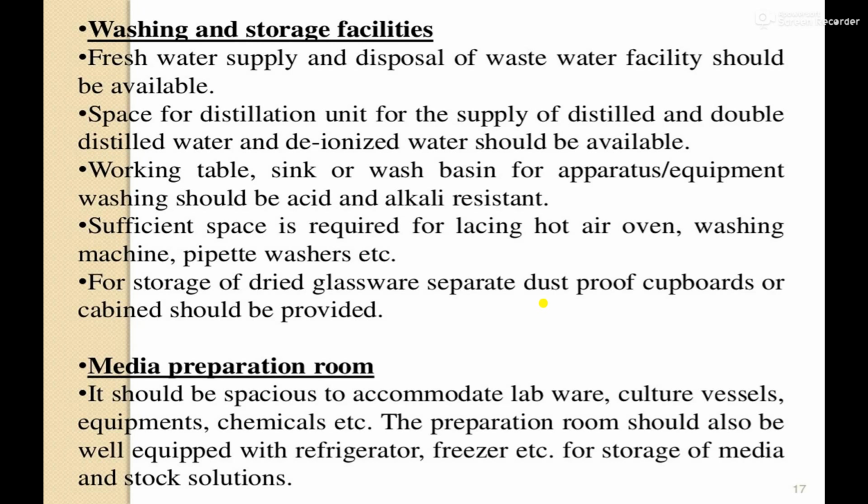Sufficient space is required for a hot air oven, washing machine, pipette washers, etc. For storage of dried glassware, separate dust-proof cupboards or cabinets should be provided. These are the washing and storage facilities of equipment and apparatus.